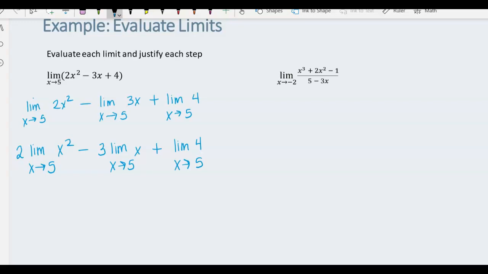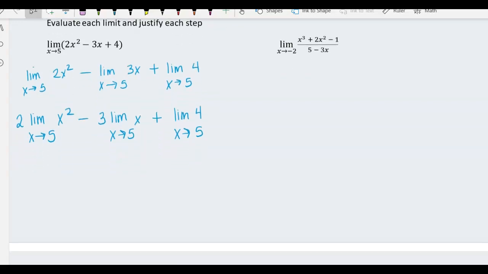We just did two examples that were related to this one and also this one. The last one is a constant function. 4 is a constant function. So no matter what value we're evaluating at, we're still going to get the constant as our output. So this part's going to be 4.